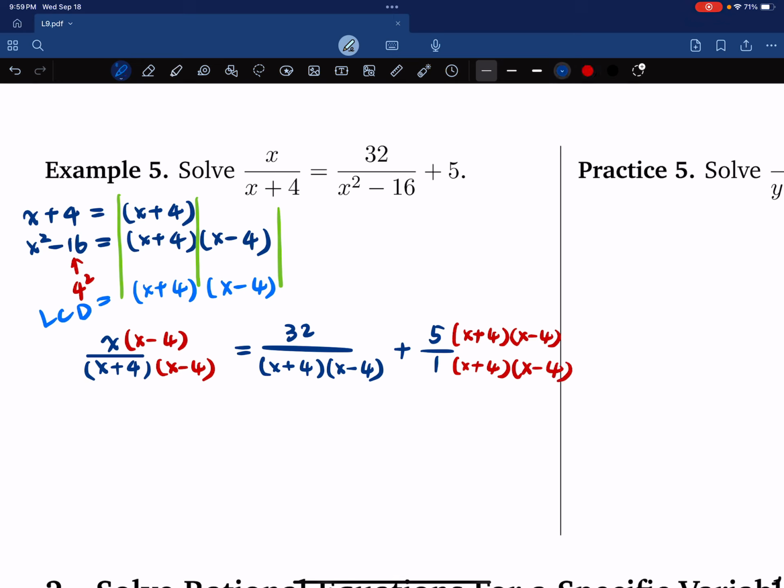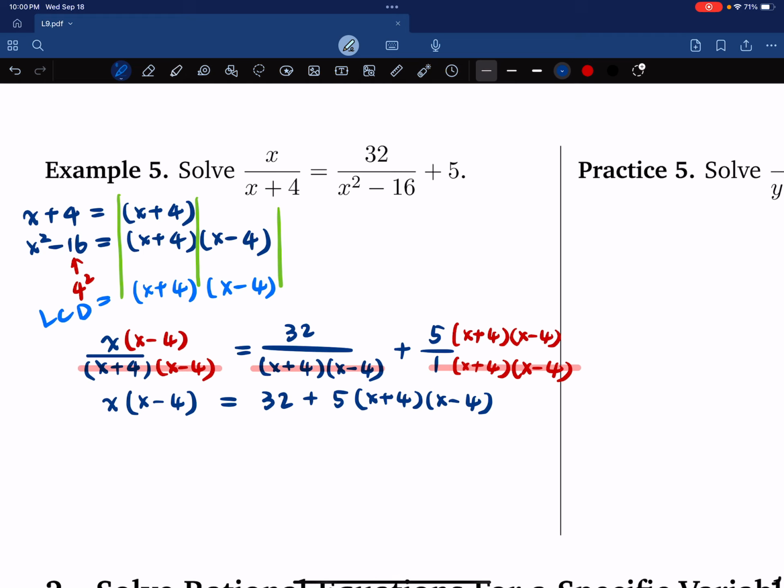And then we have a common denominator. We can cross out all the denominators. And let's write down what's left. So we have x times x minus 4 equals 32 plus 5 times x plus 4 times x minus 4.